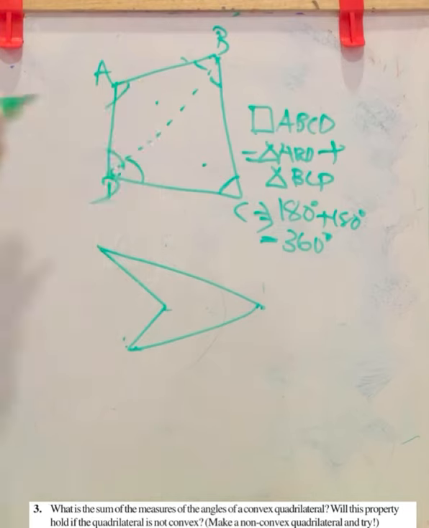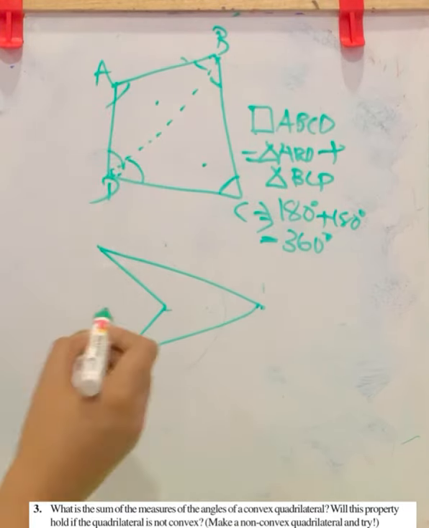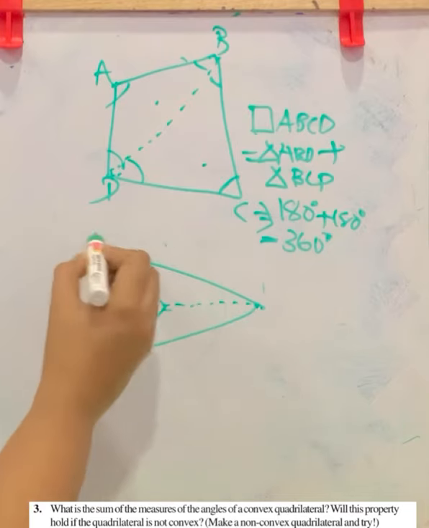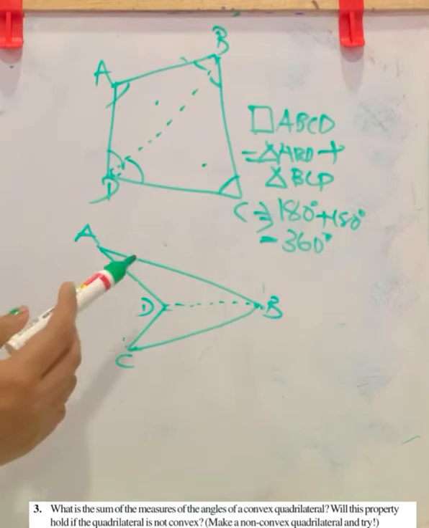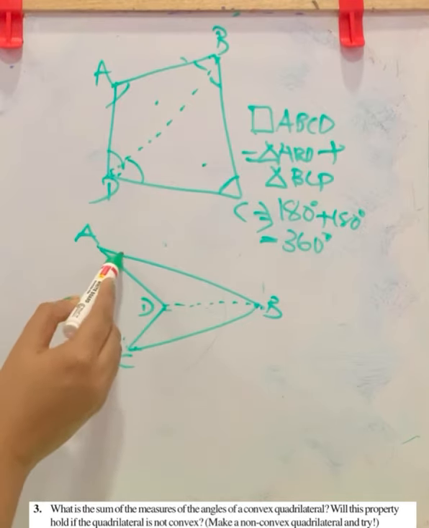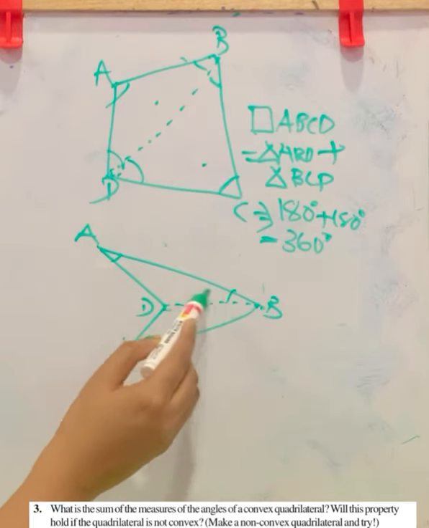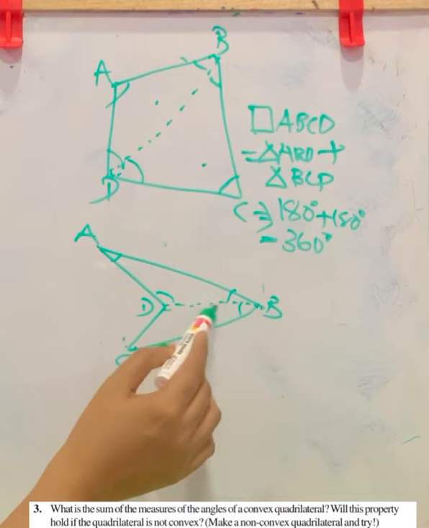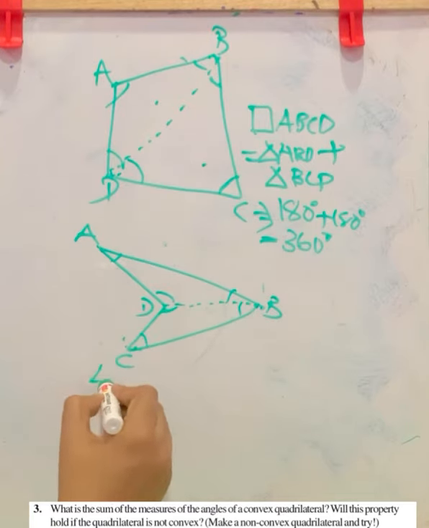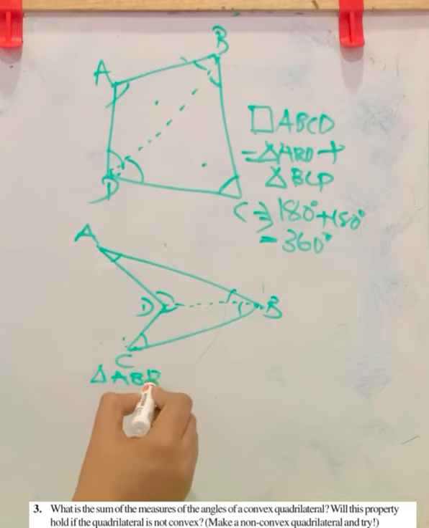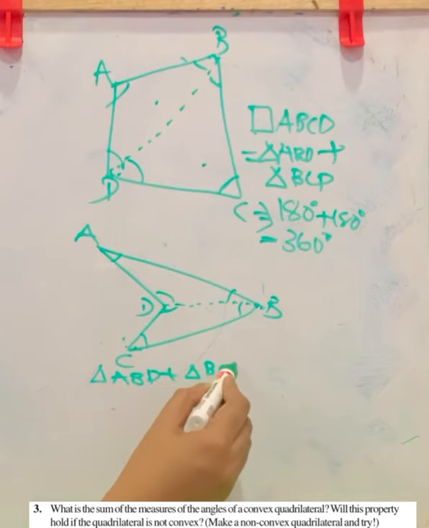This is a convex quadrilateral. Now what about concave? Here let us form two triangles and name this ABCD. Again in this we can see two triangles, that is ABD and again BCD. So triangle ABD plus triangle BCD.